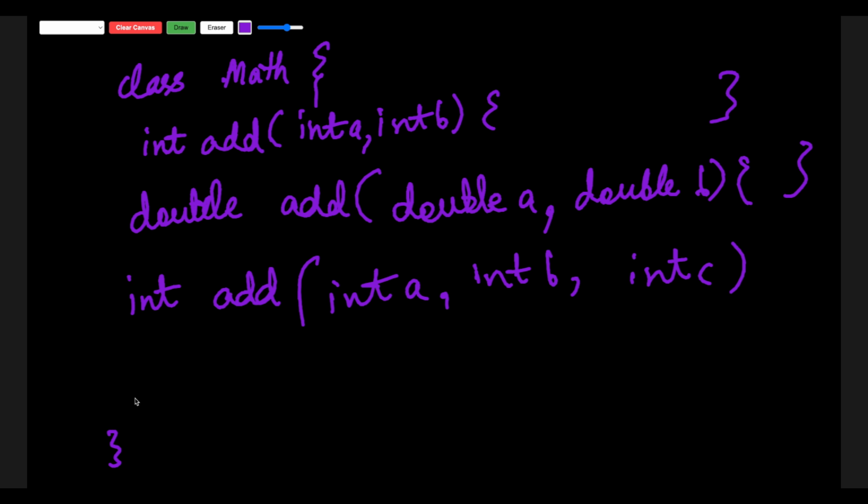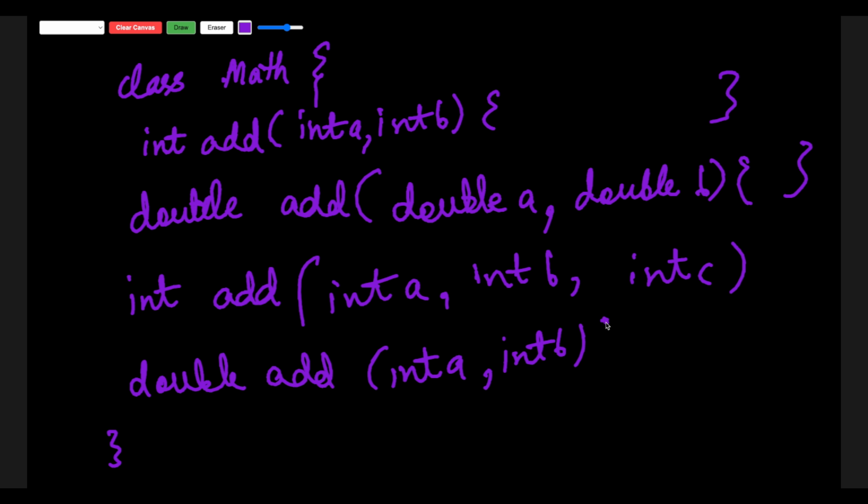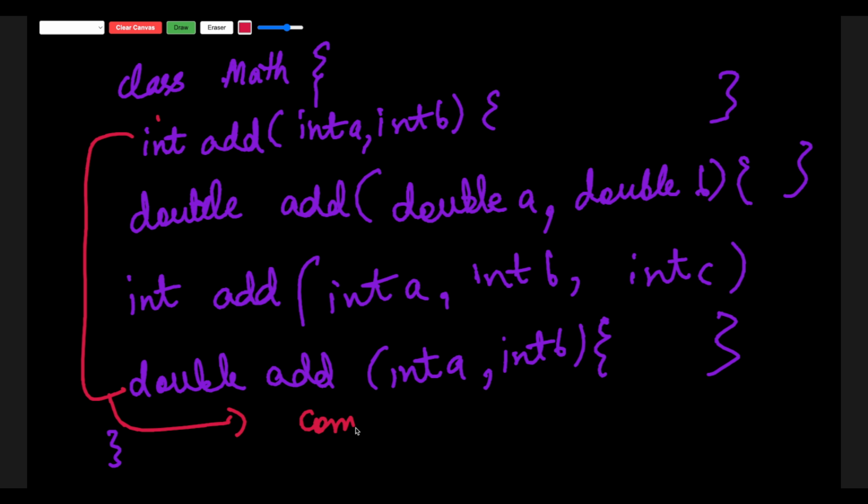So if I say double add(int a, int b), this will give you a compile time error. So method overloading only happens with the parameters, not with the return types.